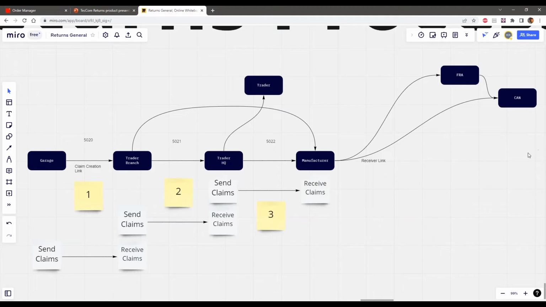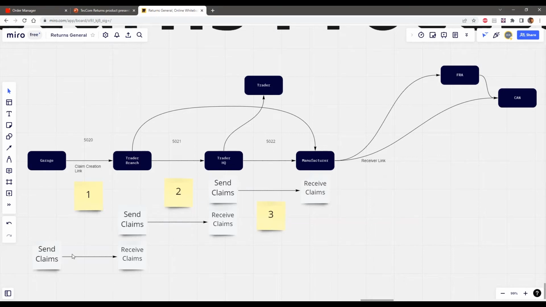So you can extend this line infinitely, which is really important, because we don't speak of trader or manufacturer in this case. We talk about sender and receiver. Everyone is both.